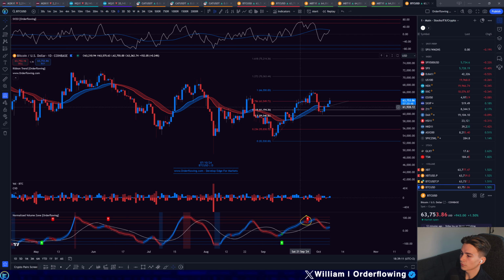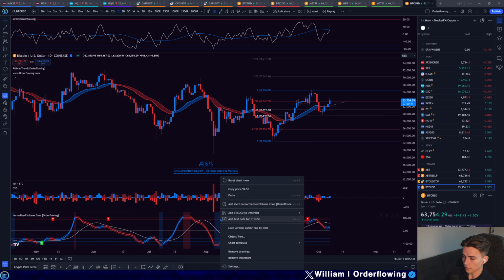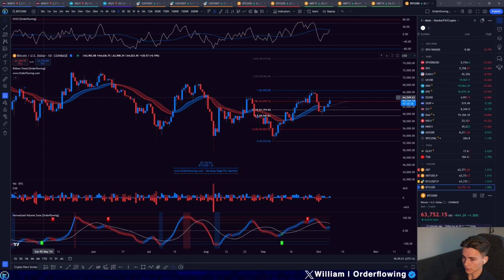So there are some different use cases for this, but as we can see, it's quite accurate and also gives you the background coloring, as you can see here on this retracement on Bitcoin. When Bitcoin was piercing through 54k and wicked down, we started to have the oversold condition on the normalized volume zone, as we can see by the background turning blue.